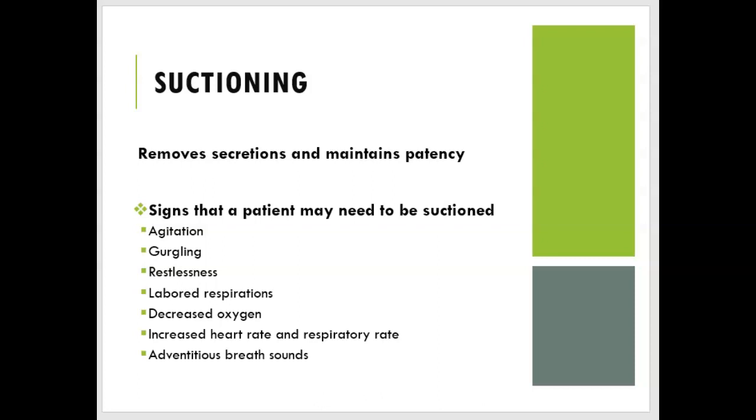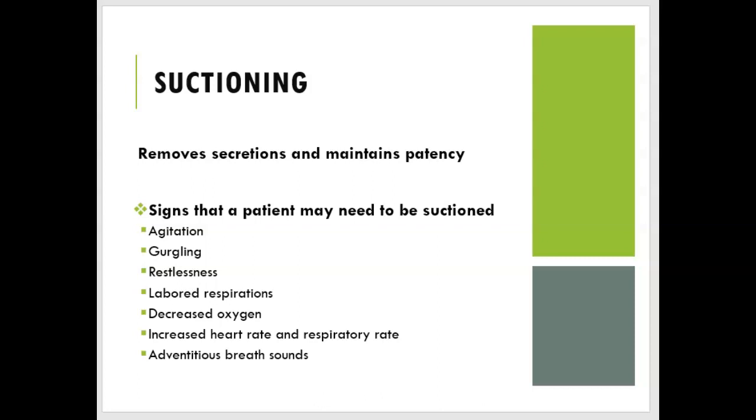So they may be having difficulty breathing that you can see. You can put a pulse ox on them, and a decreased oxygen saturation may be an indication that they need to be suctioned.